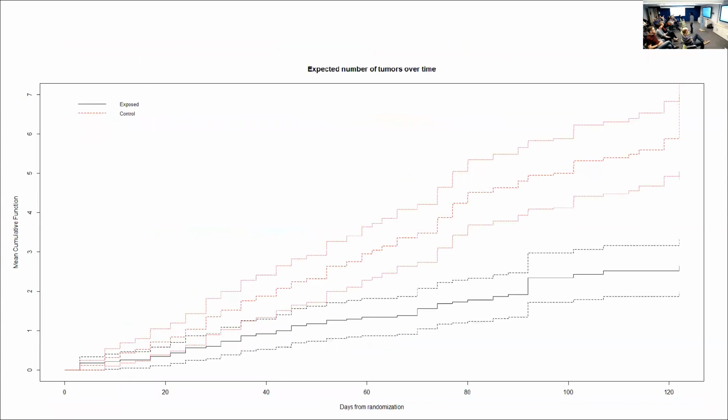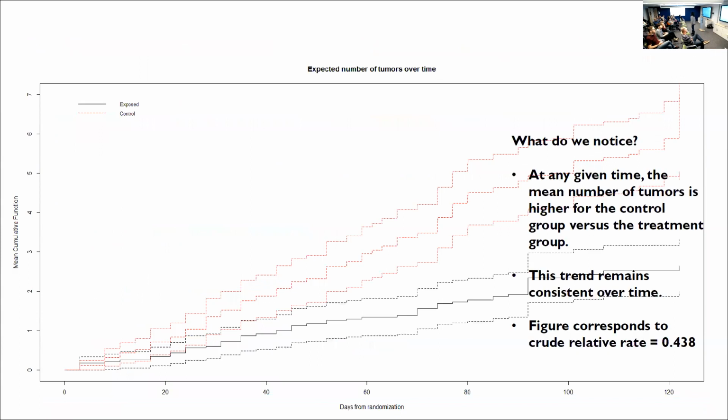Now, if you use the MCF method, here's an example of what it gives you. The x-axis here is days from randomization. The y-axis is the mean cumulative function, so it's the estimate you're trying to gather. Now, what is this telling us? The black is the exposed and the red is the control. The step function tells you when these events are happening and what the mean is at that particular point in time.